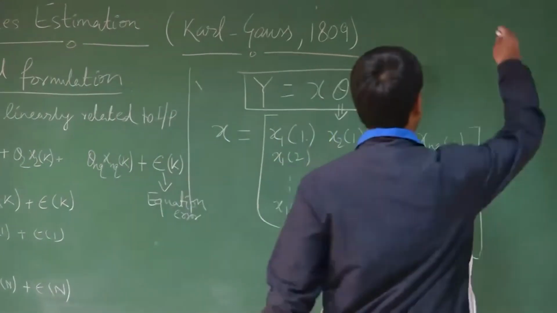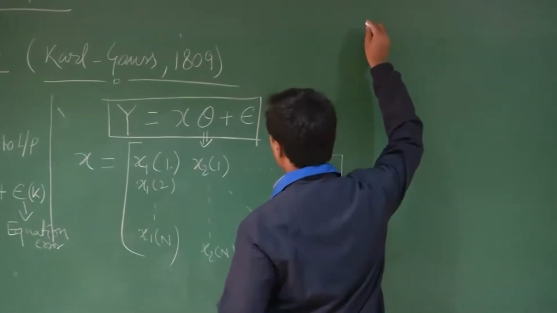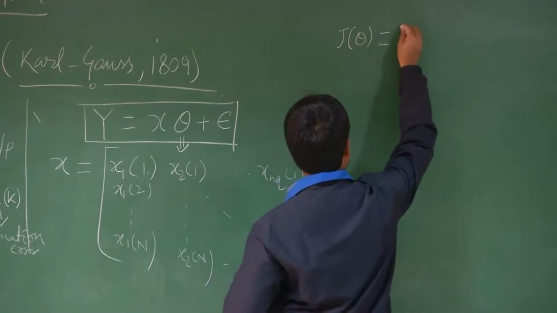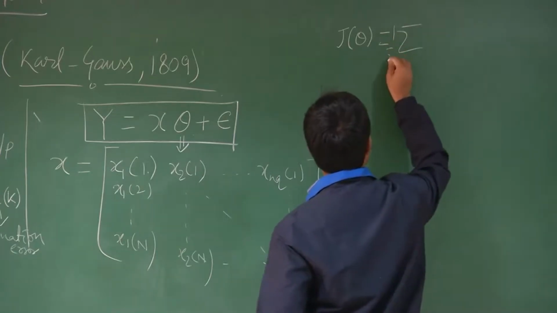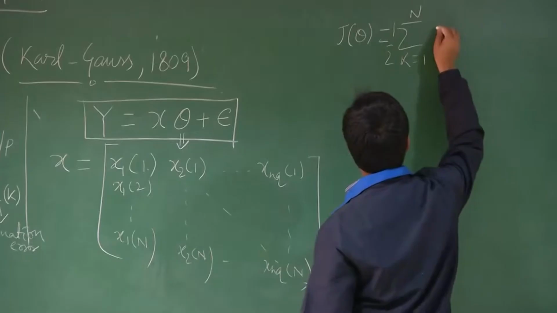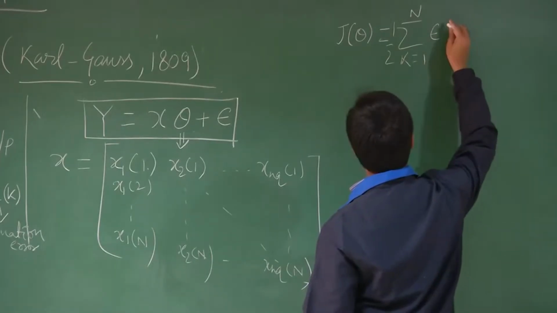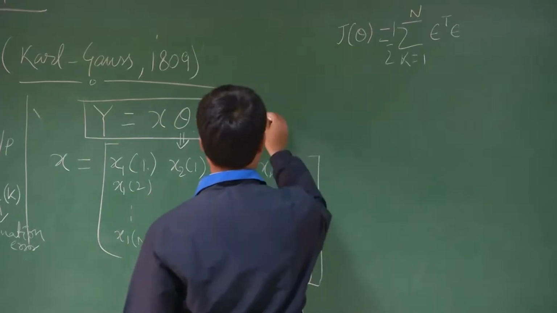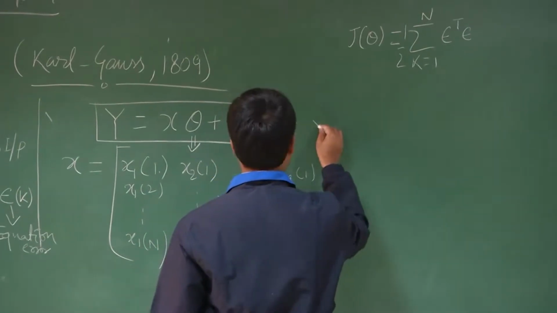If you write the cost function corresponding to that, J theta can be written like this: half of summation k equals 1 to n E transpose E. What is E, epsilon, here? Error. Error is your y minus x theta.